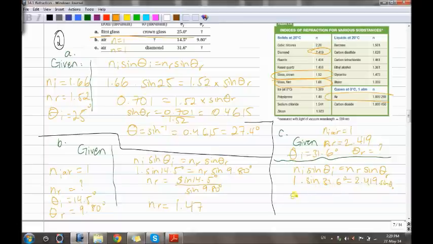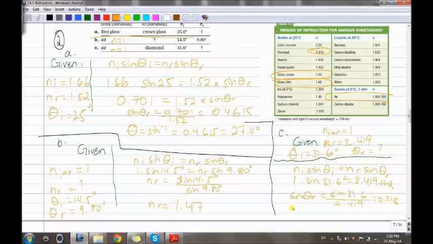Sine theta R would be sine 31.6 over 2.419. So it will be 0.216.